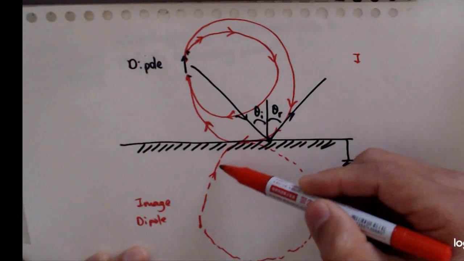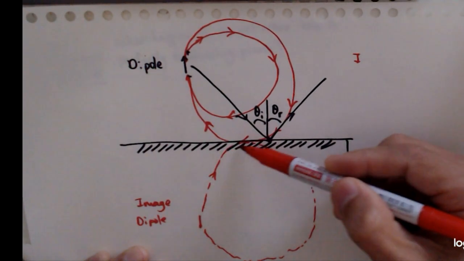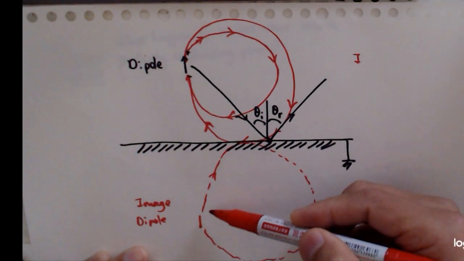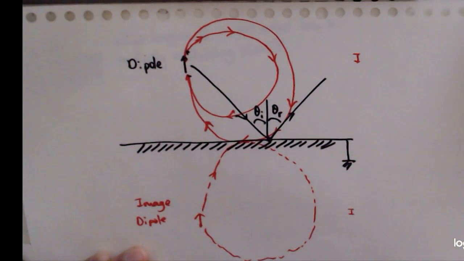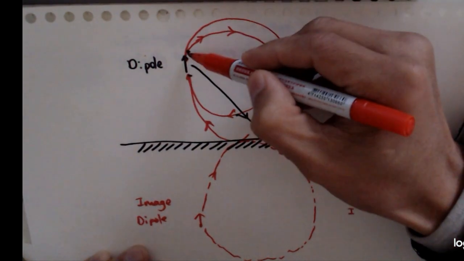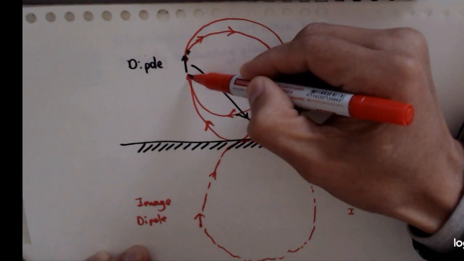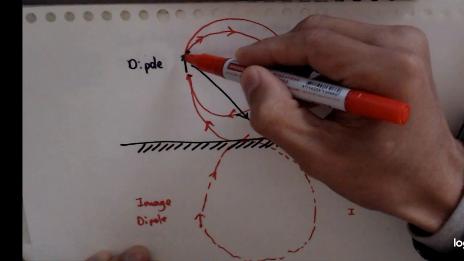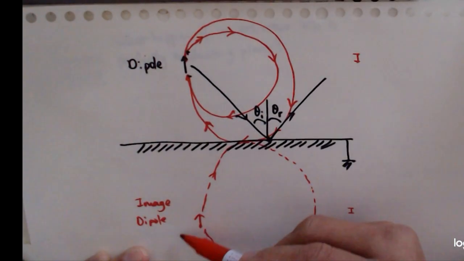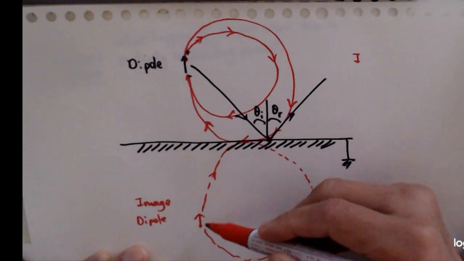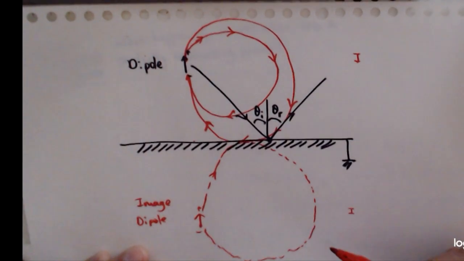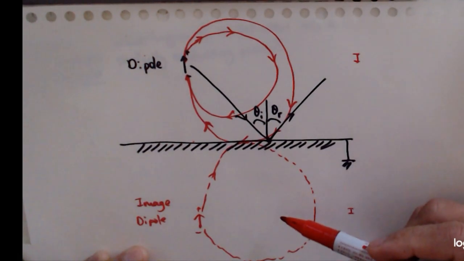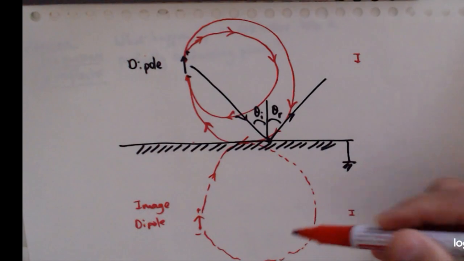So this imaginary antenna will create a field like this. In order to create a field like this, the polarity of the image antenna has to be the same. If the positive end is on the top and the negative end is on the bottom of the physical dipole antenna, in the image dipole antenna we will end up with the same. The positive end will be nearest to the interface. The negative end will be further away from the interface. So I hope this is clear. This is about the vertical dipole antenna.